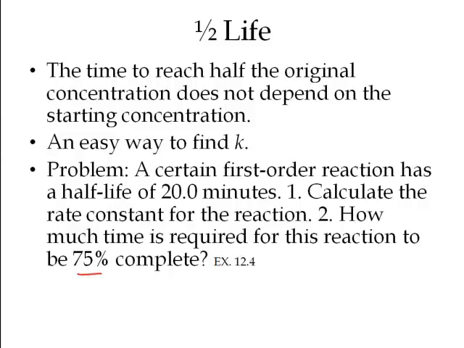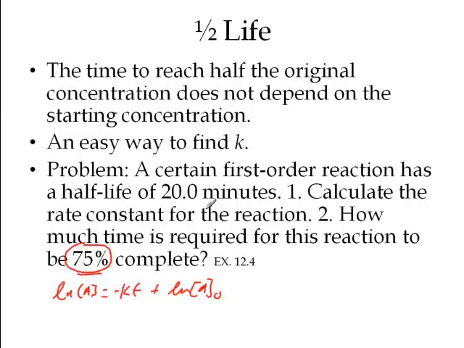So what I'll do is go ahead and use the equation we've been using today, which is the natural log of A equals negative kt plus the natural log of A at time 0, right? And so we can just plug the numbers in. However, we've got to be aware of what this whole 75% thing tells us.